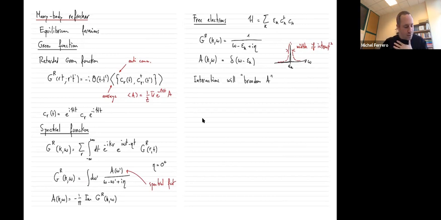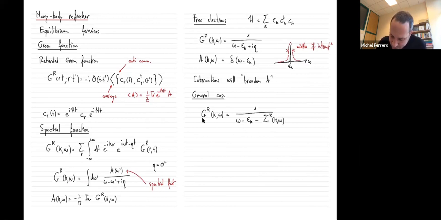Okay. So in the general case, the Green's function will not just be that simple expression here, but it's something that will have interaction effects, and those can be encoded in yet another important object. So the G of R in general will then look something like 1 over omega, very much like a free electron, so what I had written before, minus epsilon k, but with some corrections that I can entirely describe in an object here, sigma, which is called the self-energy.